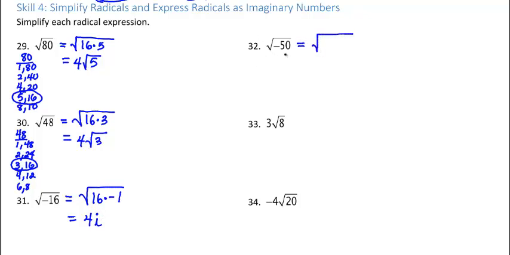The square root of negative 50, 50 is 25 times 2, so we're going to write that as negative 25 times 2. And the square root of 25 is 5. The square root of negative 1 is i. And then we have the square root of 2.